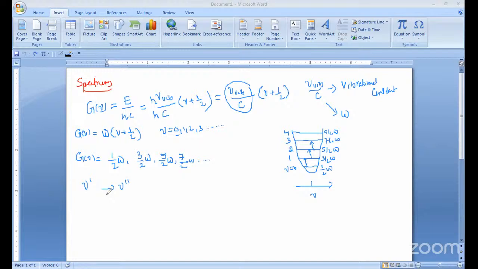Understand? What we said is that whenever it absorbs a certain amount of energy, it will be moved to the upper level. Otherwise, whenever it comes from a higher energy level to a lower energy level, it will radiate.